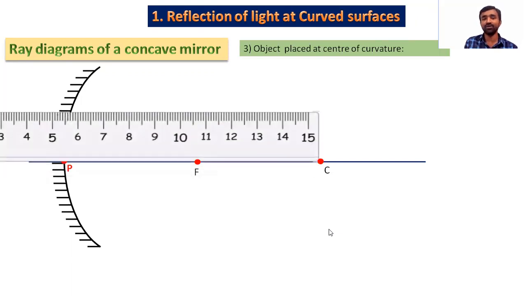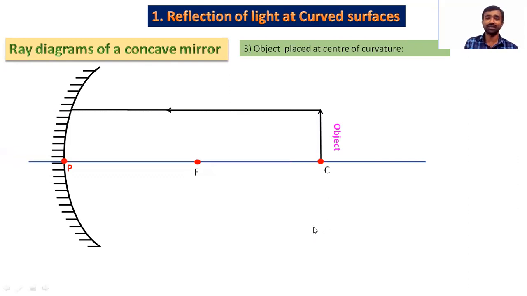Then complete the first ray before removing your scale: it is parallel to the principal axis, started from the top of the object.